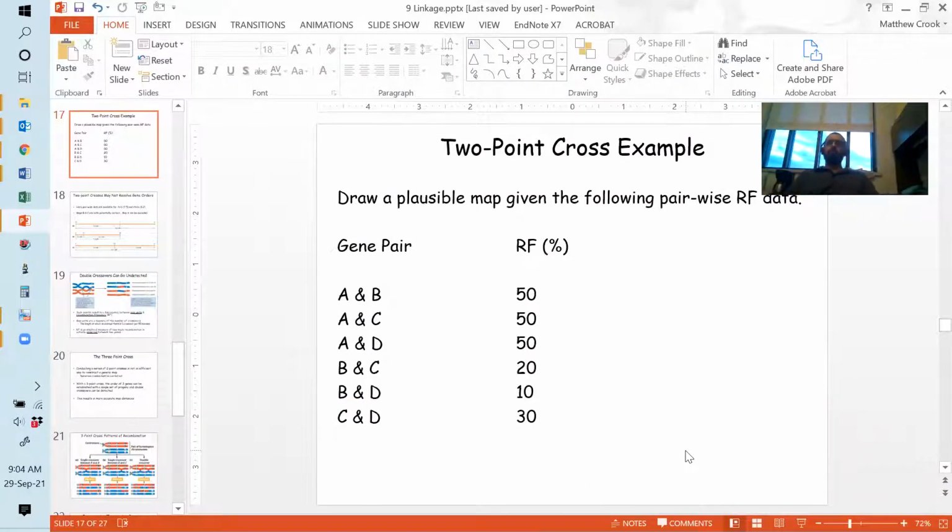So essentially, 50% recombination frequency equals 50% recombinants and 50% parentals. Now, if you have an equal number of recombinants and parentals, how often is recombination occurring between those two genes?